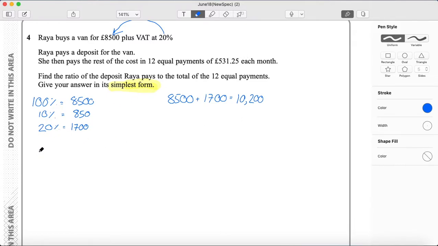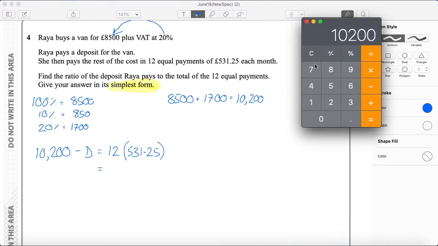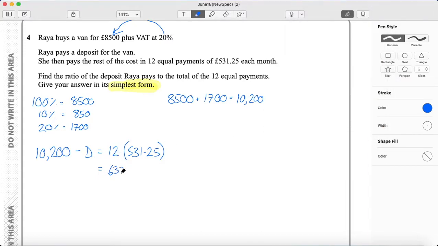So the total cost was 10,200, take away a deposit, left her with 12 equal payments of £531.25, which is 12 times 531.25, 6375. So 6375. Now we have a simple algebra question here, so we need to solve this for D.